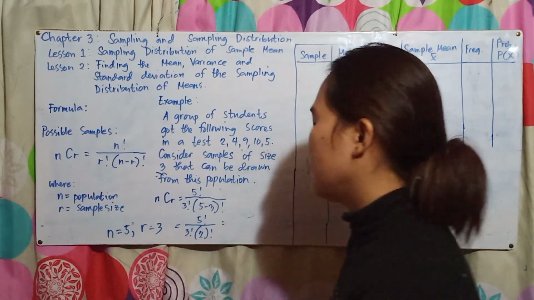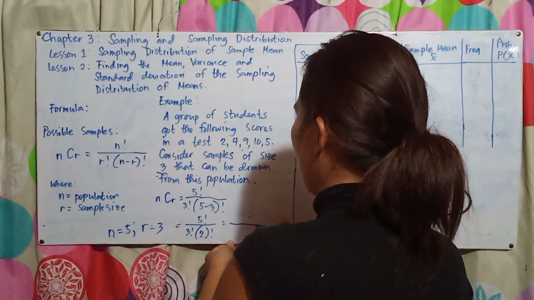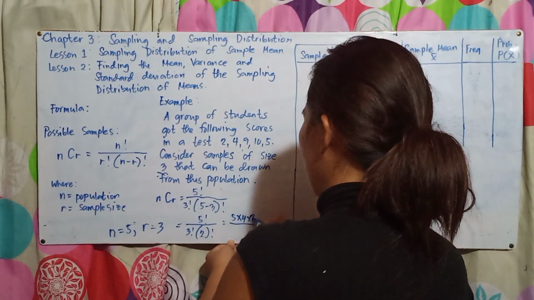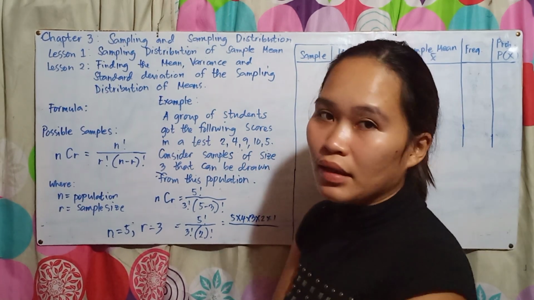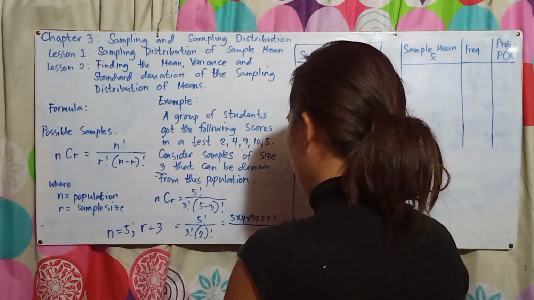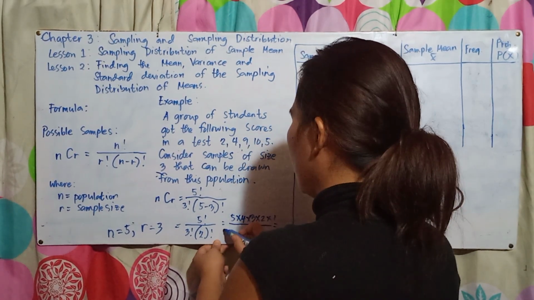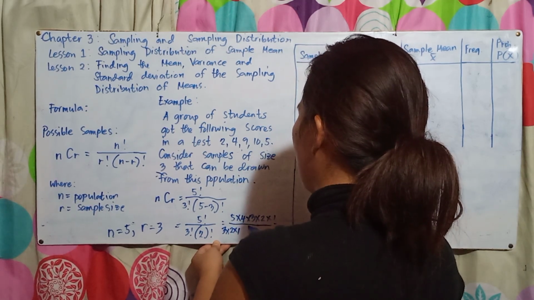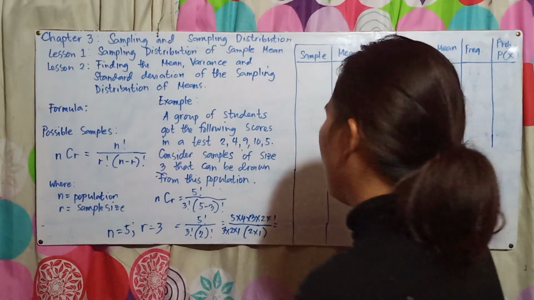So that is 5 times 4 times 3 times 2 times 1, over 3 times 2 times 1, times 2 times 1.